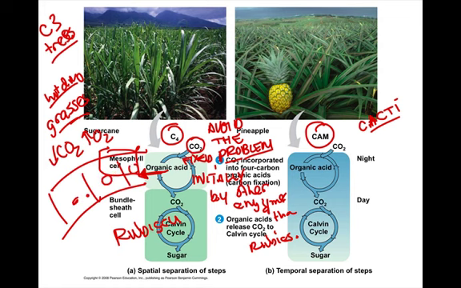Mesophyll cells physically separate that from the Rubisco. So with C4 plants, we get a solution to the problem that involves space. We're going to physically separate Rubisco from the atmospheric conditions inside the leaf on a hot, dry day.